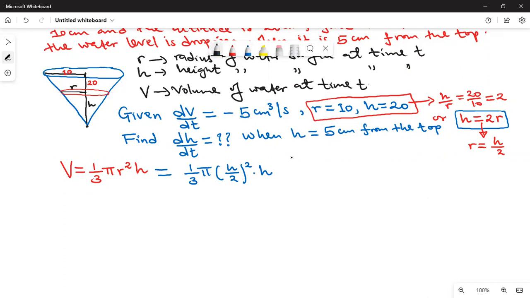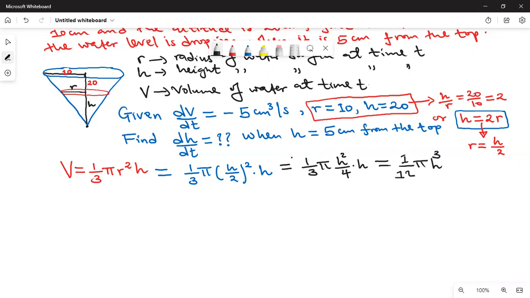So what are we going to get if we simplify? We are going to get 1/3. If I expand this one, that's pi h squared over 4 times another h, which is equal to pi over 12, or simply 1/12 pi h cubed.